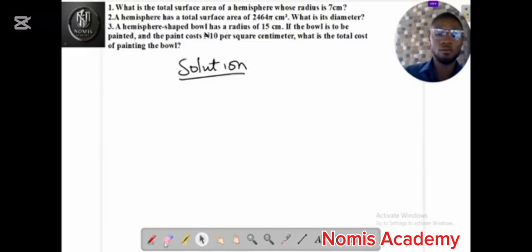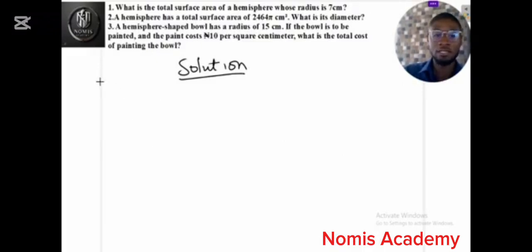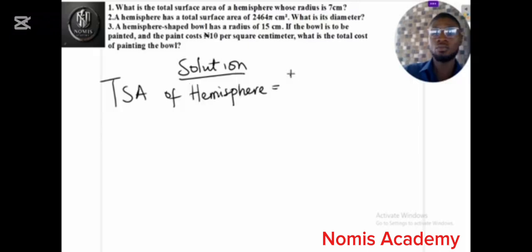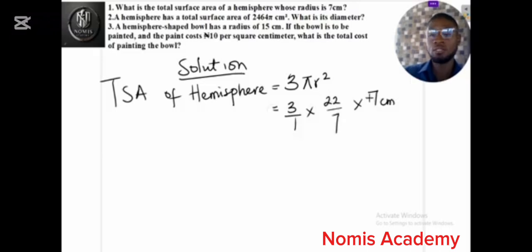First of all, you should state the formula that the total surface area of hemisphere is equal to 3 pi r squared. So that is 3 over 1 multiplied by 22 over 7 multiplied by 7 centimeter squared.